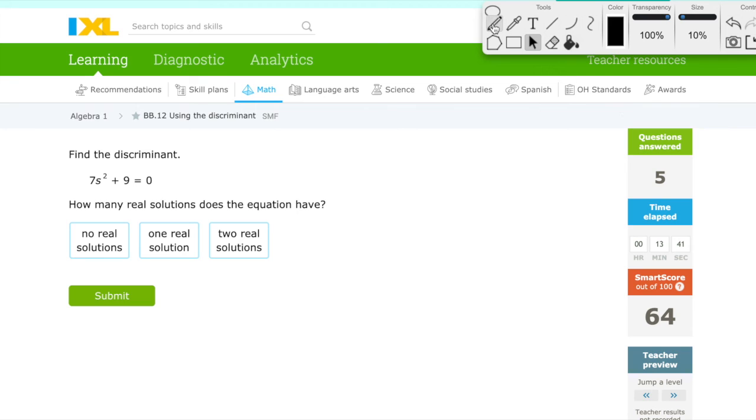Okay, let's touch on this while I see it. Notice how there's only 2 terms here. This would be your a, and I know that because this s squared is here. This would not be b, it would be c, because it doesn't have any variable on it. You're actually missing the s term that would be in the middle. That tells me that your b value is 0.